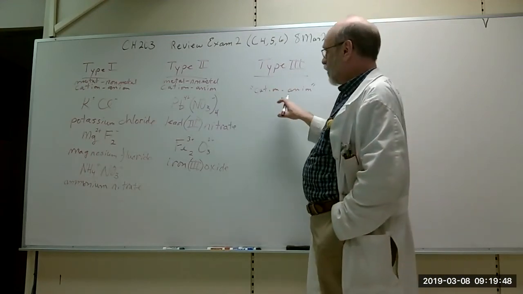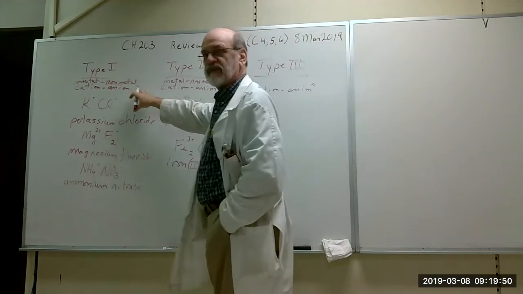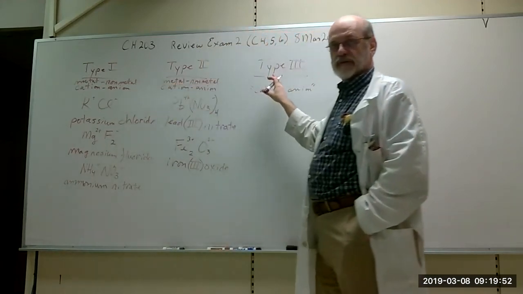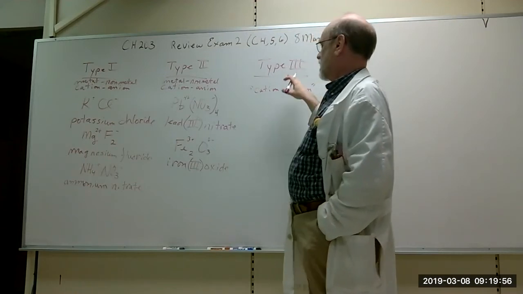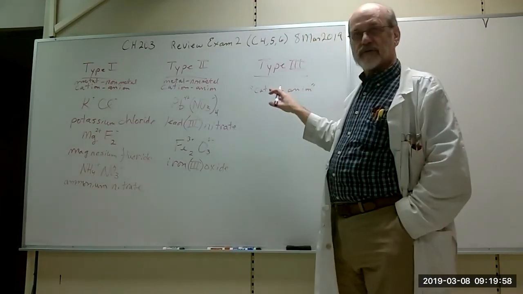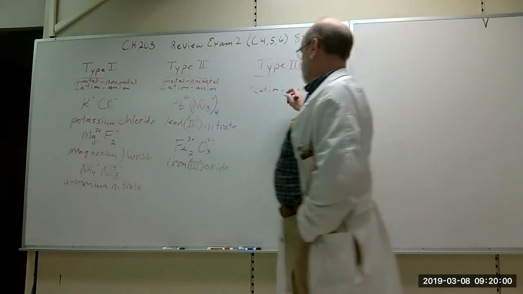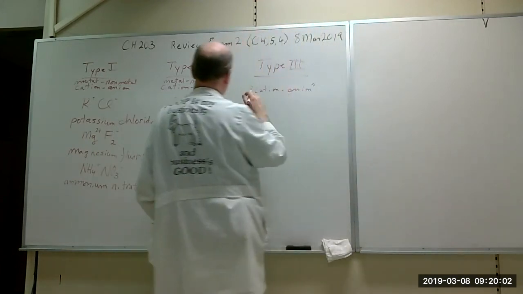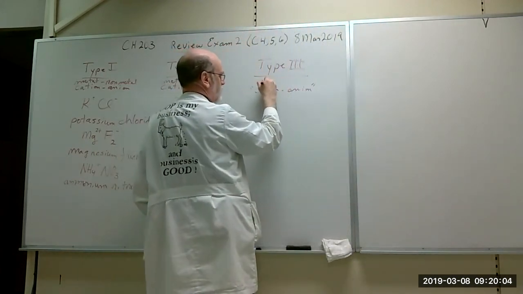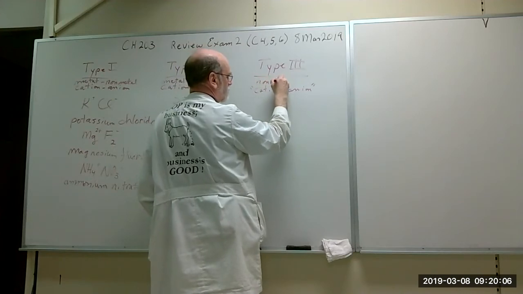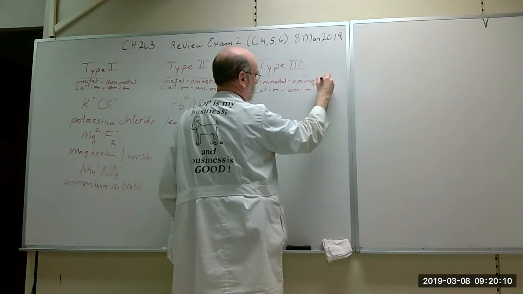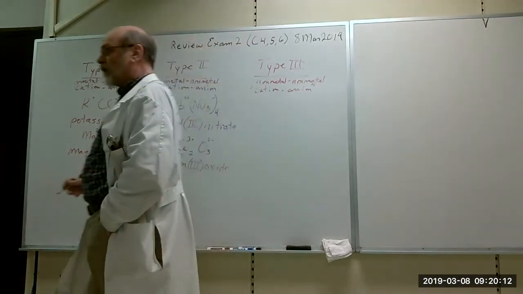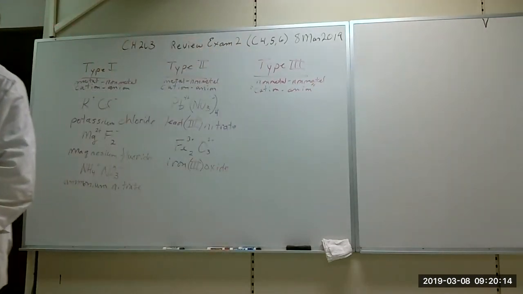But we build off of this convention of type 1s, type 2s to construct our type 3 compounds. And the combination is going to be nonmetal with nonmetal. So they're always going to come from the right-hand side of the chart.